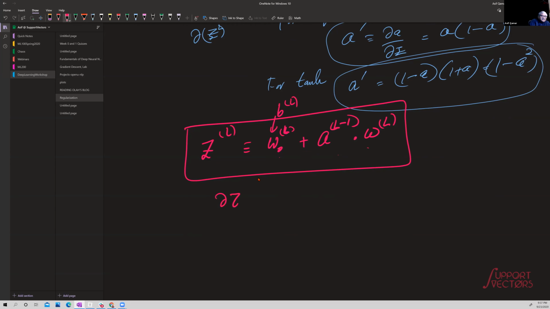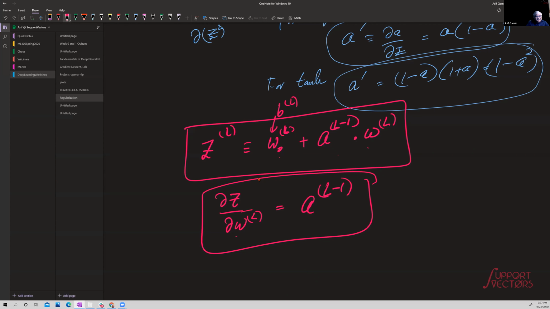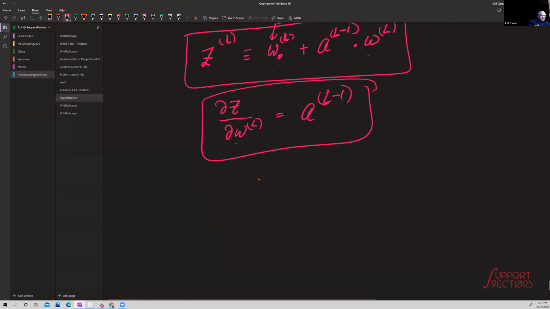So then I can say, what do I want to compute? dW. dW of L is just the activation of the previous layer. And we have a result here. Now, when you put all of these results together, what do you find?